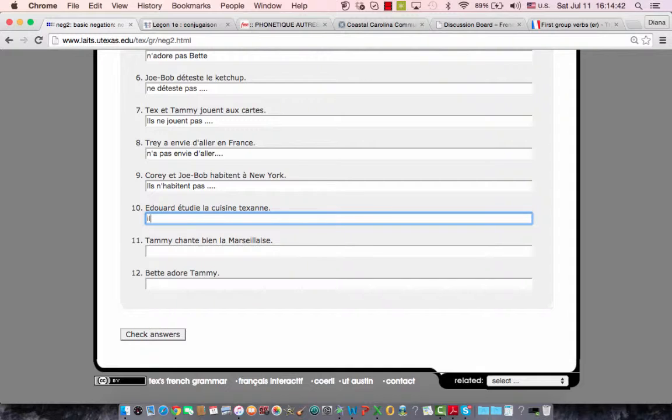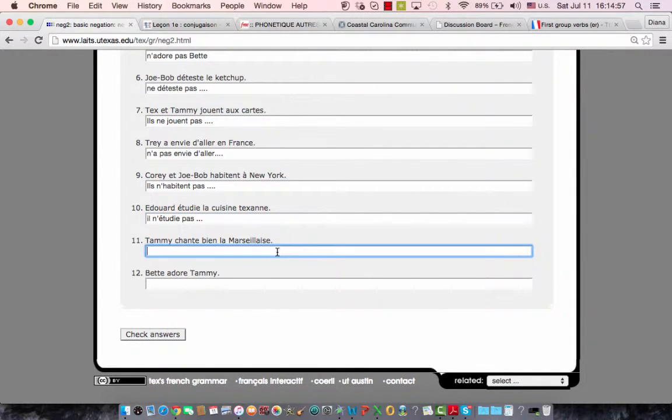We can also replace by the subject pronoun. Par exemple, il n'étudie pas la cuisine texane. Tammy chante bien la Marseillaise. La Marseillaise is the French anthem. Tammy ne chante pas bien la Marseillaise.